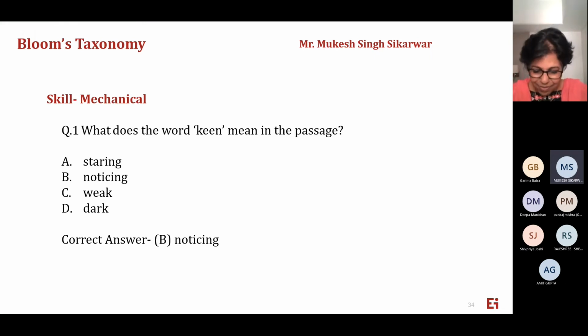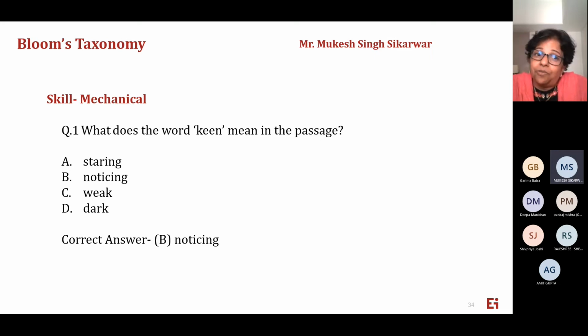Although it is not in the question itself, the passage which has been tagged with the question says pale face and keen eye, so the word keen has been used as an adjective in that sentence. After going through the options, the student can easily figure out that it can't be staring, weak, or dark.